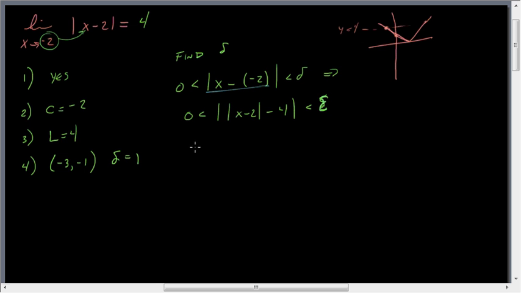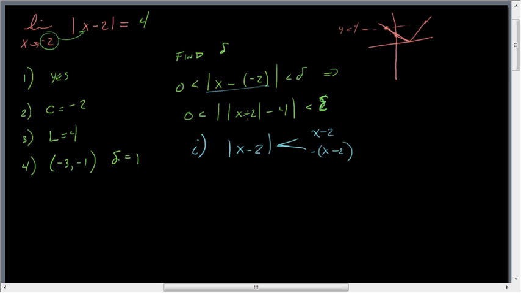However, the first thing we need to take a look at is this idea of the absolute value of x minus 2. Now, the absolute value of x minus 2 could be, and we want to remember, we want to make that small. So we want to make the thing inside small. So it could be two different things. It could be x minus 2, or it could be negative x minus 2.